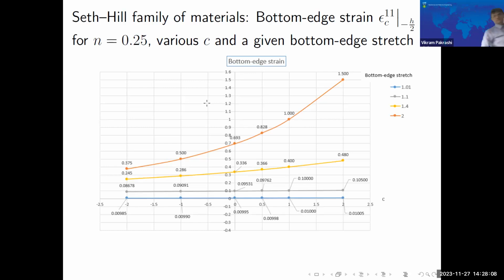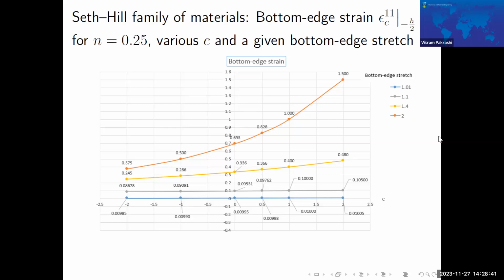Here I'm presenting the amount of the strain depending on C, which remember is a particular material: Green-Lagrange, logarithmic amounts, for a given stretch of 1%, 10%, 40%, 100%.